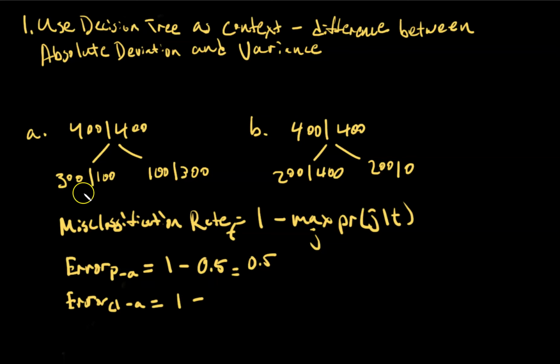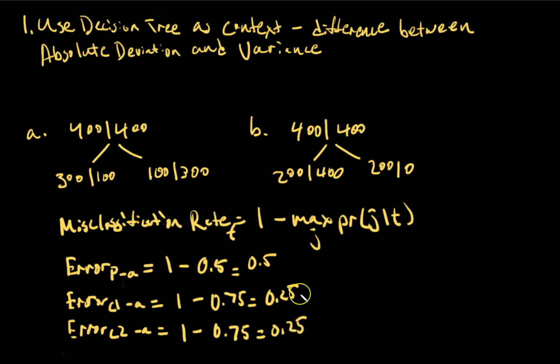That's 300 divided by 400. So that's 0.75, so the error is 0.25. And then the error of the second child node, right here. Now class 2 would be the majority class, so it will be the same thing. It'll be 1 minus 300 divided by 400, which is 0.75, so the error is 0.25.